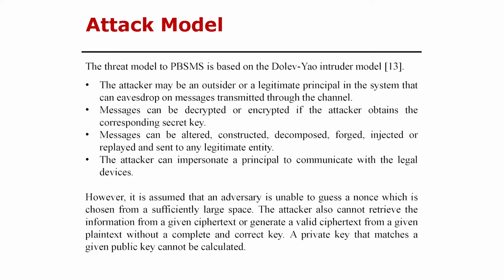Messages can be changed, constructed, decomposed, forged, injected, or replayed, and sent to any legal entity, let's say the 6MAC or the mobile node. The attacker can impersonate a principal to communicate with the legal devices.